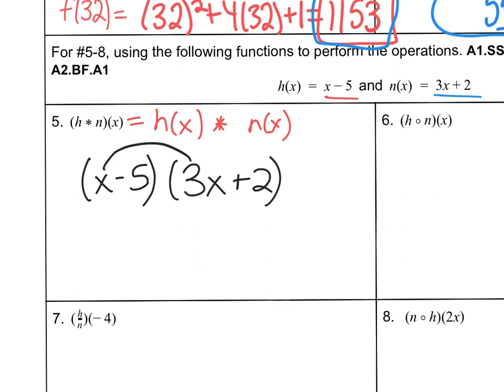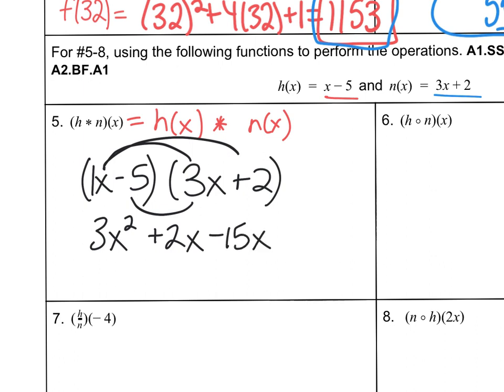X times 3x: 1 times 3 is 3, x times x is x squared. We add those exponents, good. And then we got 1x times 2, 2x. Negative 5 times 3x. And then negative 5 times positive 2, negative 10.